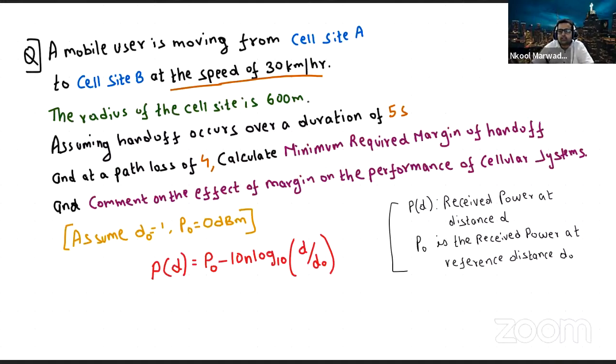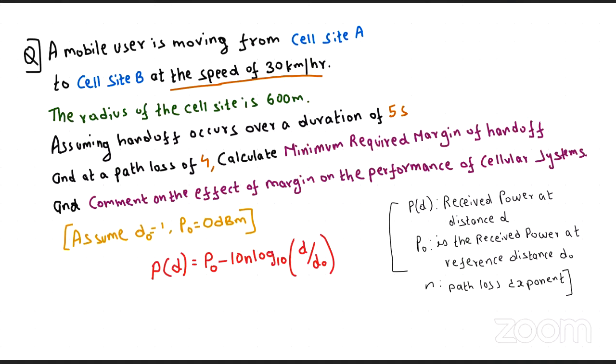So P naught is the received power at the reference distance d naught, and n is the path loss exponent.